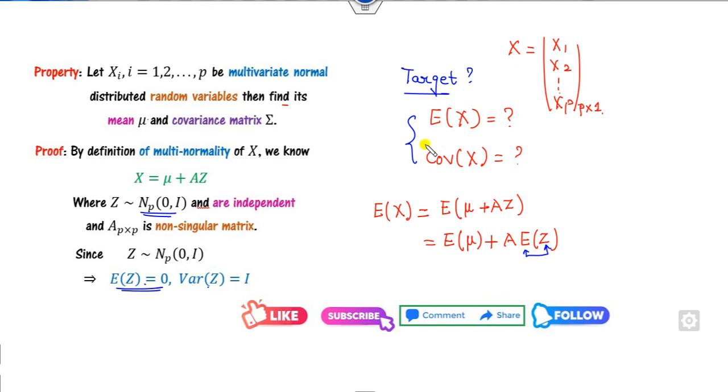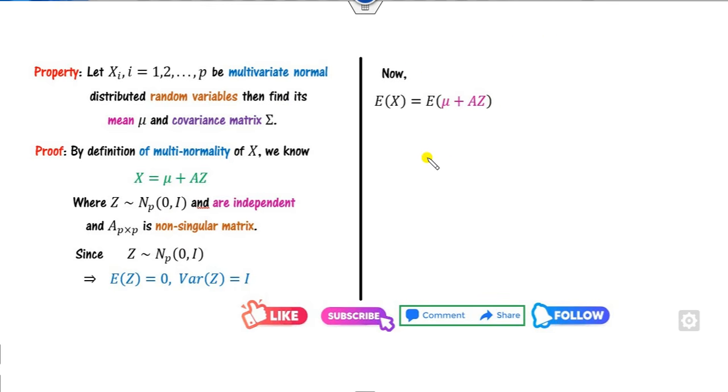So if I write this value, it is mu plus A times E of Z. Mu is a constant value, so it is mu. What is the E of Z? It's 0.